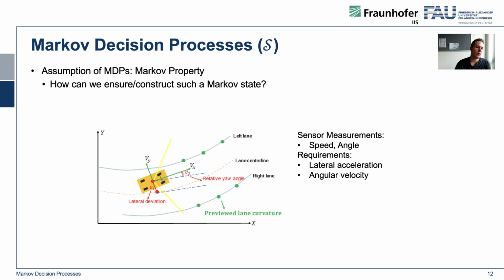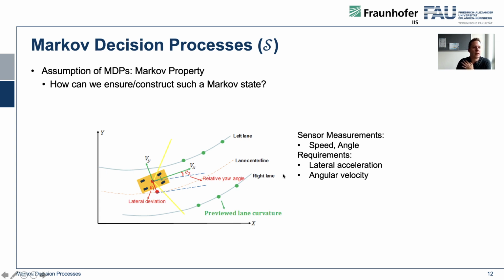You do not know the lateral acceleration. So if you're breaking out of the lane, this is not encoded by just having the speed and the angle of the car. And you also have no idea of the angular velocity at this point. So you have to deal with this.